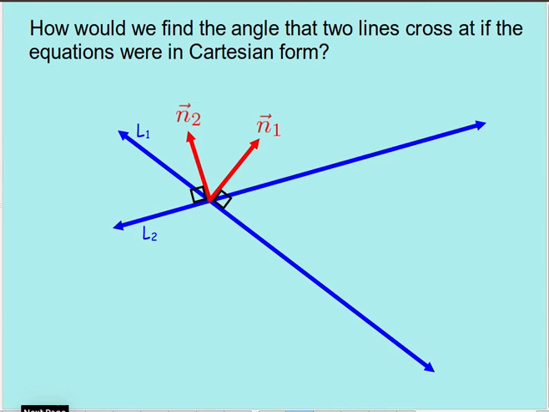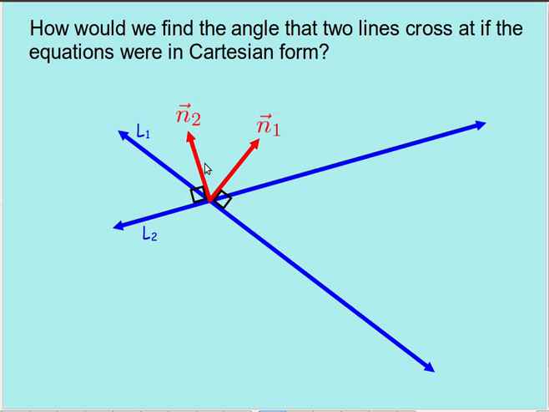Slightly different situation if we have Cartesian form. If I have Cartesian form, then the information I have is actually for normal vectors. And I just want to point this out to you. This normal vector is the same as that normal vector. It's perpendicular to this line L1.